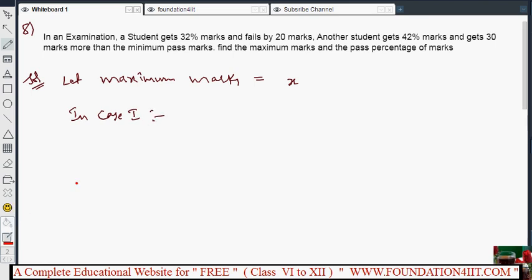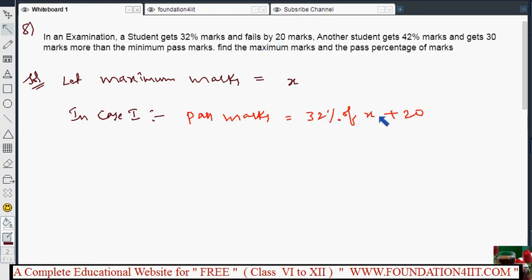if we observe in case 1, pass marks. In both cases you'll find out the pass marks first. So the student got 32% marks but failed by 20. That means 32% of the maximum mark, but he failed by 20 marks. So if I add 20, that is the pass mark only, right? He gets 32% marks and failed by 20 marks.